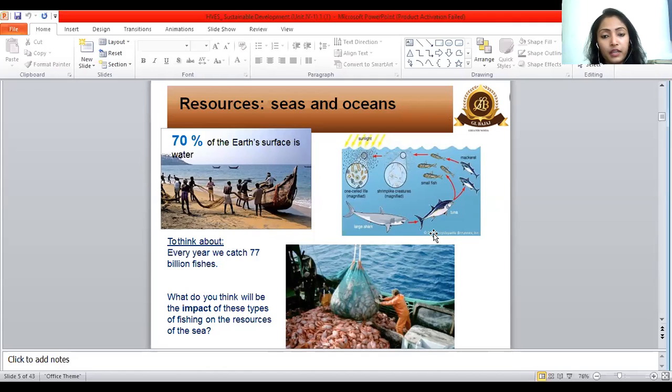And we human beings catch fishes, and because this leads to a lot of business, many people are employed in this fish catching business, and a lot of other business processes are going on. But you know that every year we catch 77 billion fishes, and it is adversely affecting the fish species, because due to this fish catching, many fish species are endangered today. We don't have, of course, any right to treat any species like this.